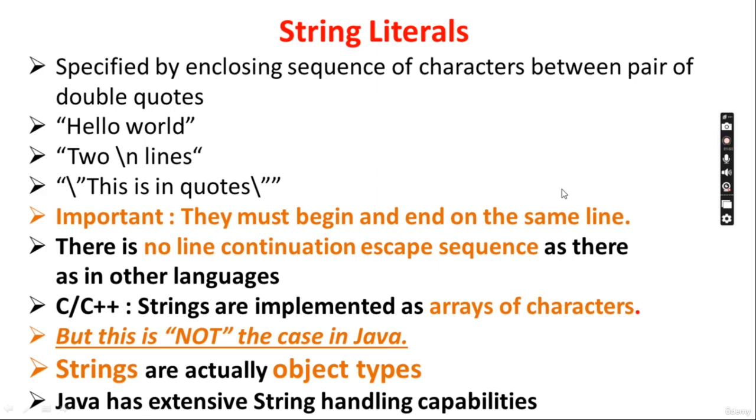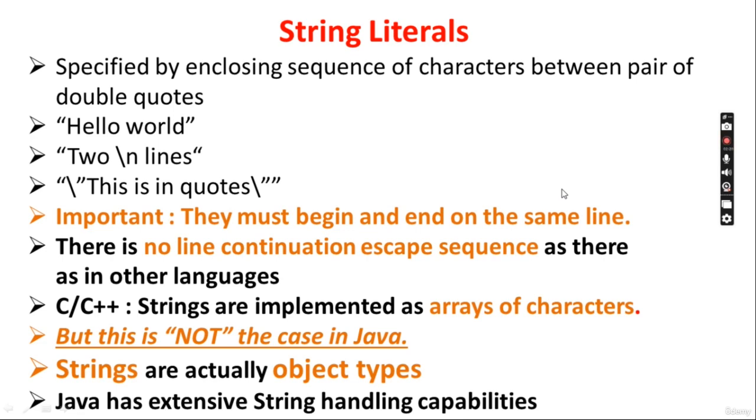And one more difference between strings in C and C++ and in Java: strings are implemented as arrays of characters in C++, but in Java strings are actually considered object types, because String is an inbuilt class defined to operate upon strings, like concatenating two strings, comparing two strings, finding the size of a string, or finding any particular character in a string.